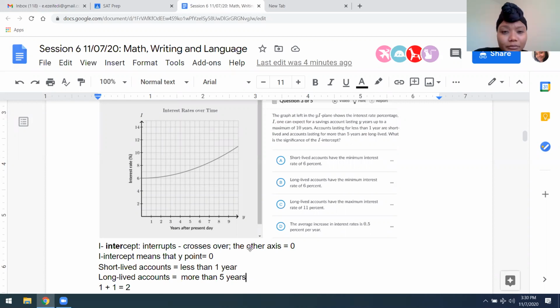It goes up to 10, 10 years. Yeah, so I'd say the short-lived accounts must be under 5, and the long-lived ones must be above 5, 9. Right.